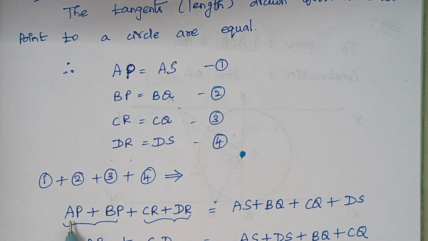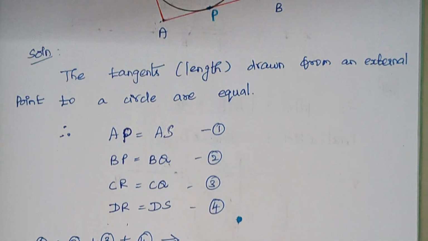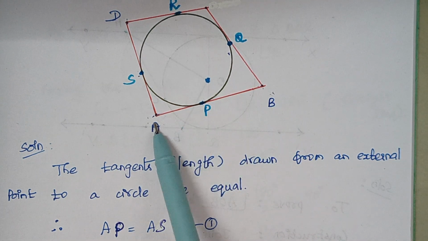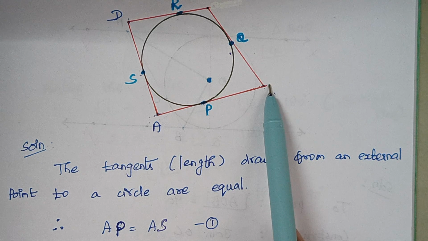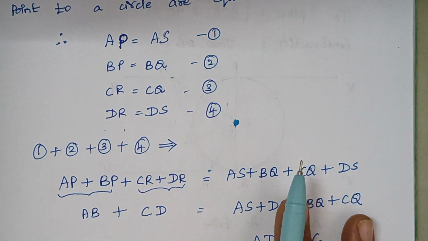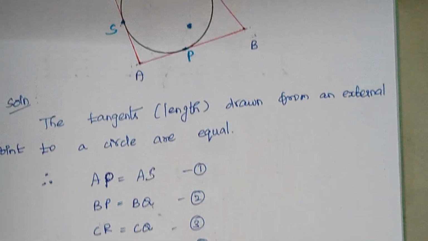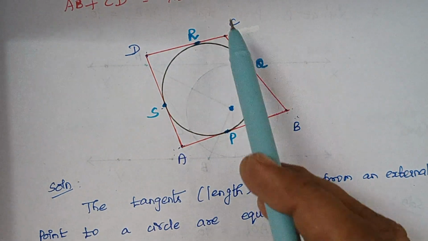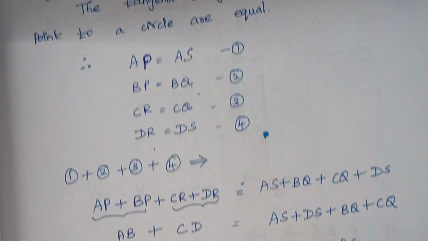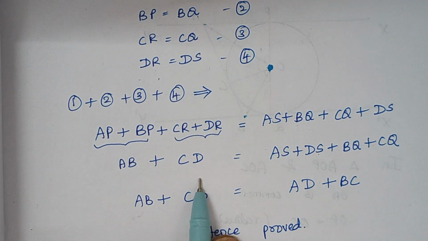right? So AP plus BP, again look back at the diagram, right? AP plus BP, which is nothing but AB, right? So you can replace this AP plus PB as AB, and similarly CR plus DR. So CR plus DR is nothing but CD. So here it is CD, right?